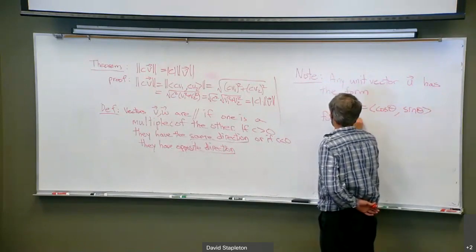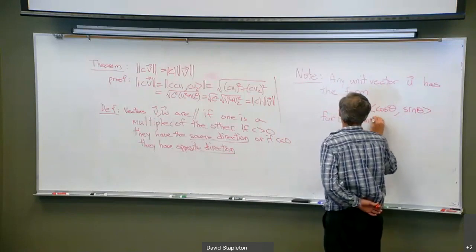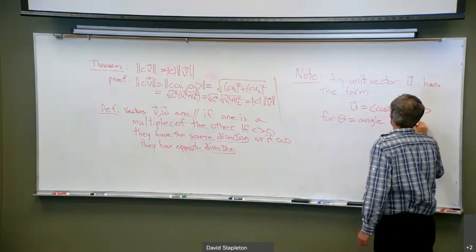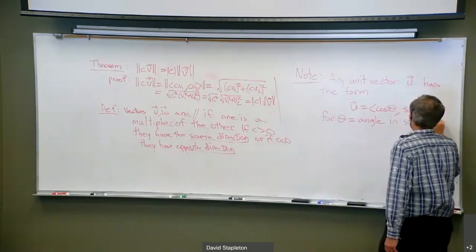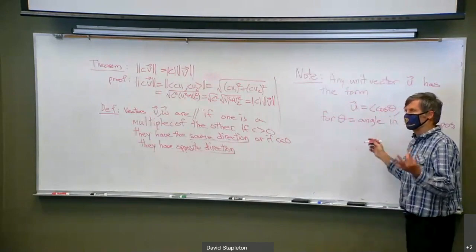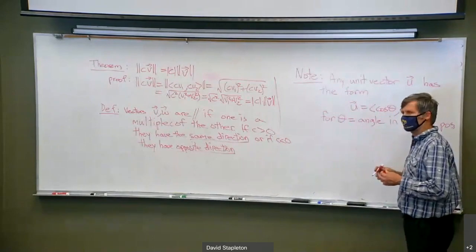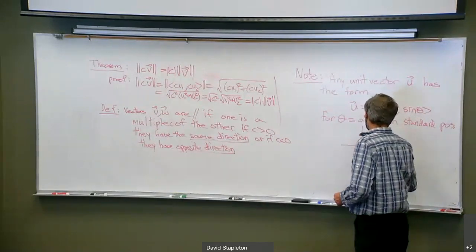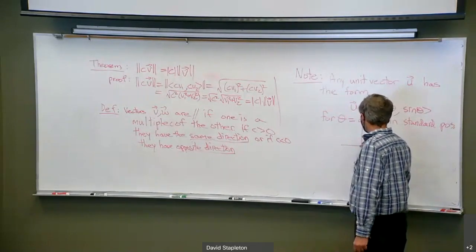In fact, theta equals the angle in standard position along this vector. How do we know that? I introduced this because this really gives you some nice intuition for these, and sometimes it's hard to pick this out of the textbook. But suppose I have a unit vector in any direction.